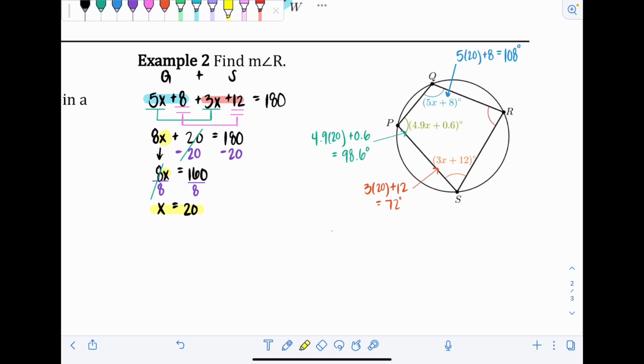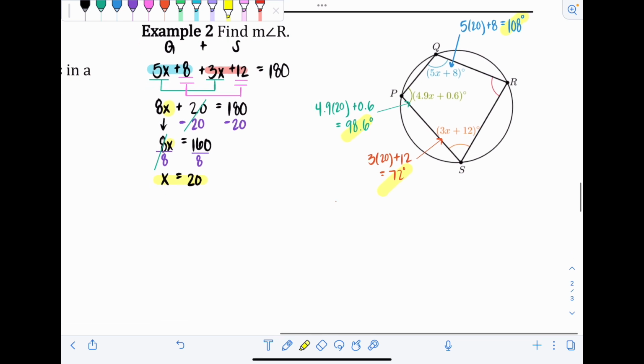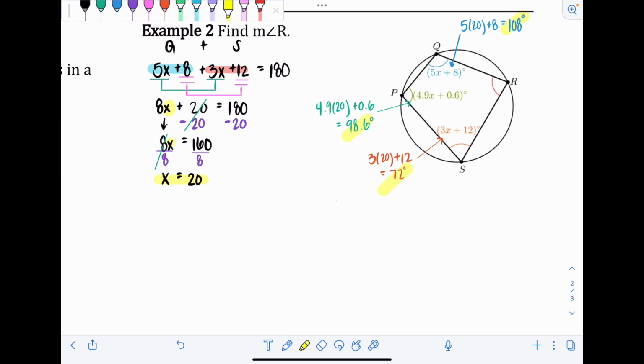So now we have 3 of the 4 angles in a quadrilateral, and we know all 4 are supposed to add up to 360. So we can just add all 3 of those angles, add in the 4th angle that we don't know yet, set it equal to 360, and then solve. So the measure of angle Q was 108 degrees. The measure of angle P was 98.6 degrees.